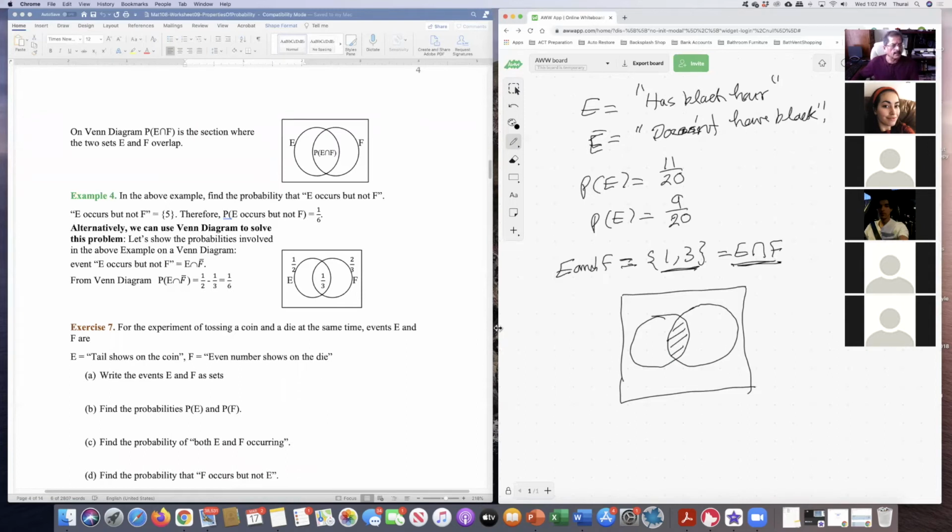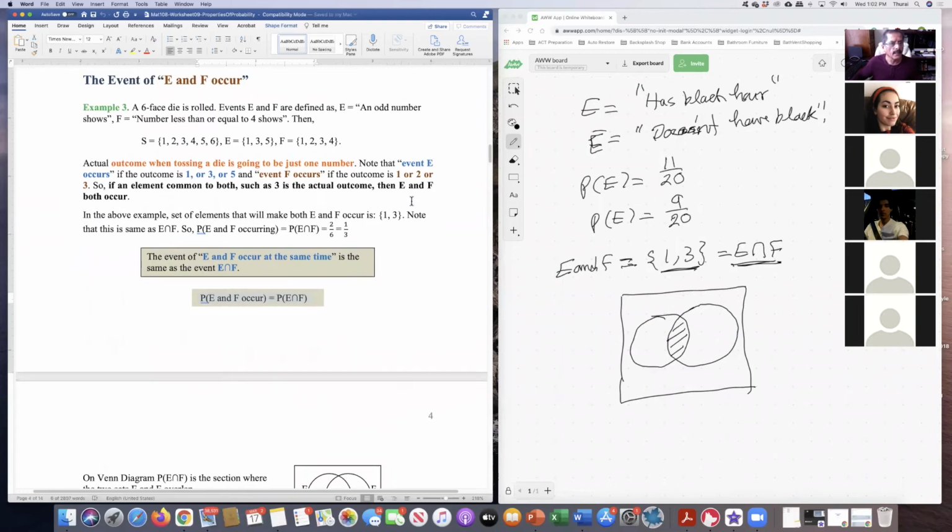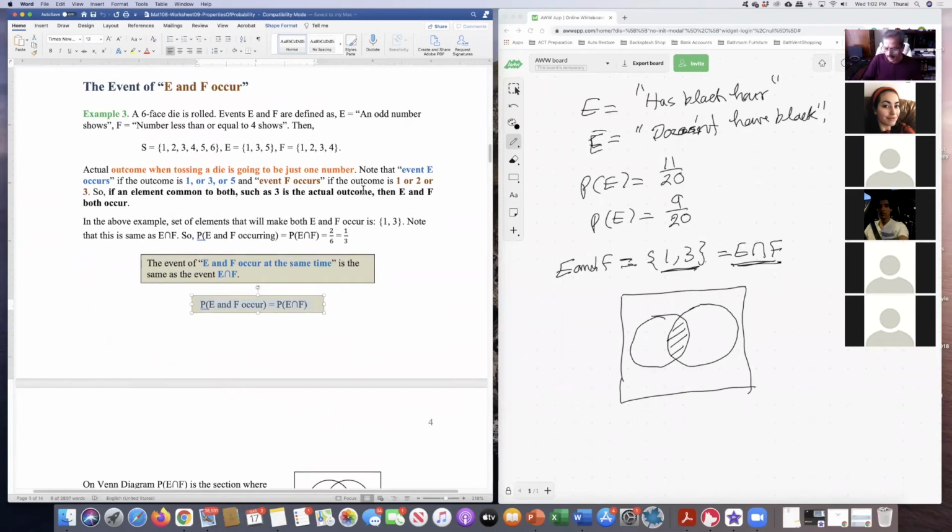Okay, so the next example is if the question says the event E occurring but not F occurring. Let's go back to the same example. E has 1, 3, 5, and F has 1, 2, 3, 4.